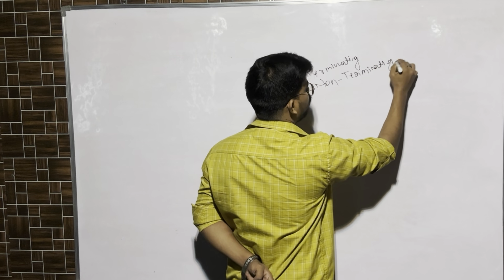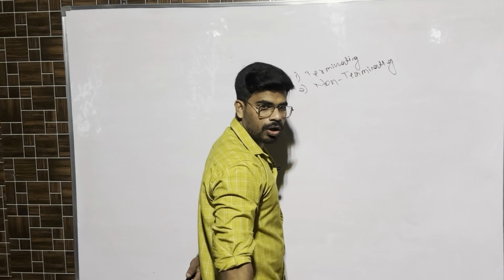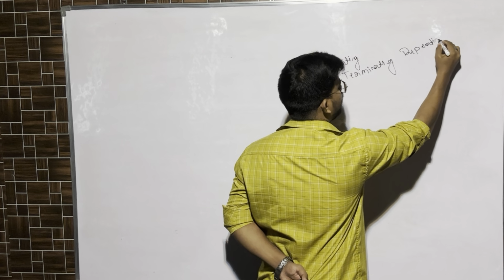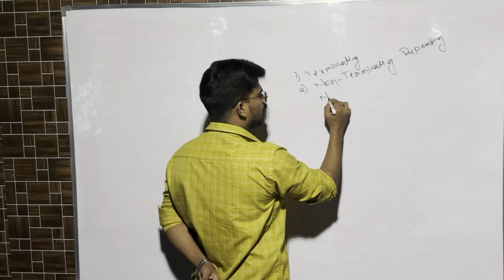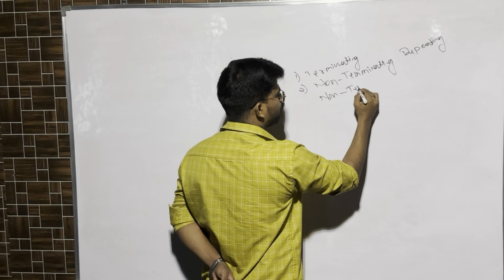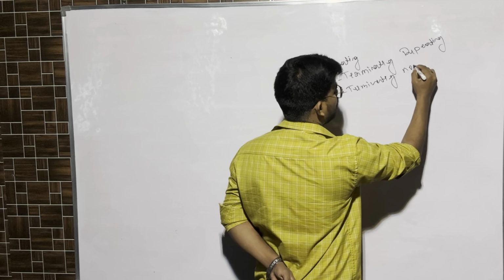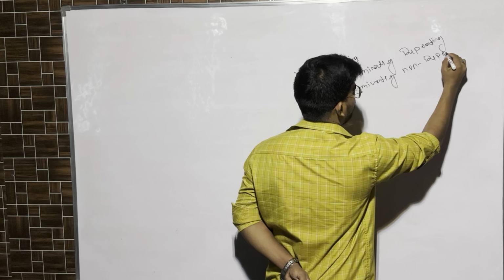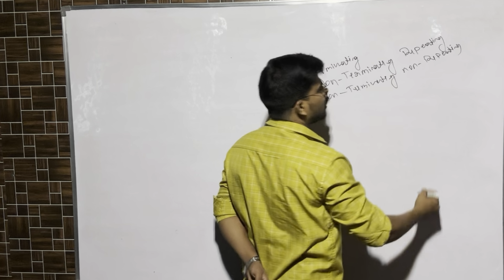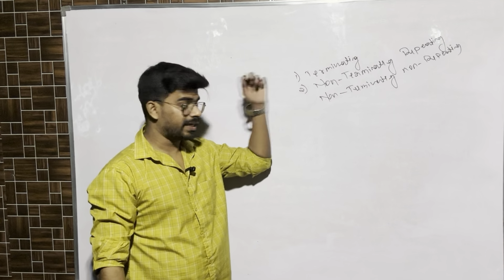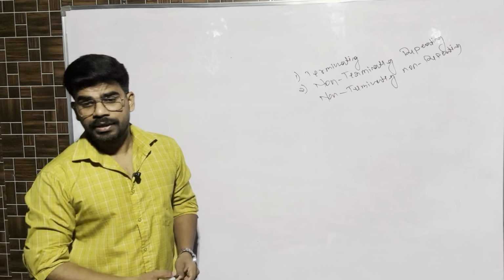In case of non-terminating, two terms are there: non-terminating, repeating, and second, non-terminating, non-repeating. So these are the basic decimal expansions.